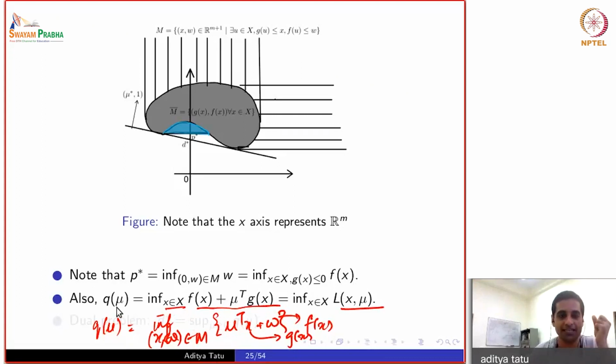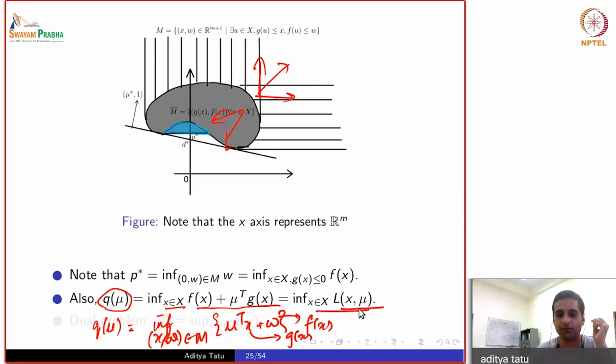So all I'm trying to say is this q of mu is not affected by whether you are taking q of mu for M or M bar, because q of mu is always obtained by shifting hyperplanes to the left and bottom, whereas the difference between M bar and M is always towards the right and to the top. So q of mu for M and for M bar would be the same as long as your mu is non-negative.